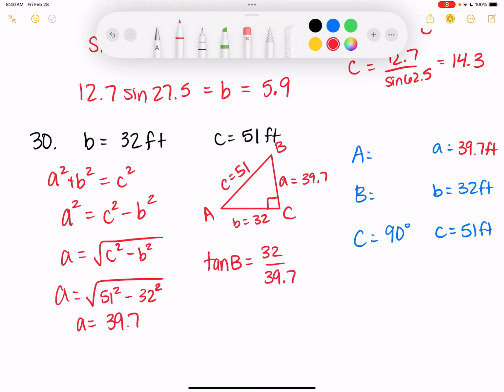Now, does anybody remember from geometry how I actually solve for angle B when I have this situation? It's a word that starts with an I. Inverse. Yep, I need to take the inverse tangent of it. So B equals the inverse tangent of 32 divided by 39.7.